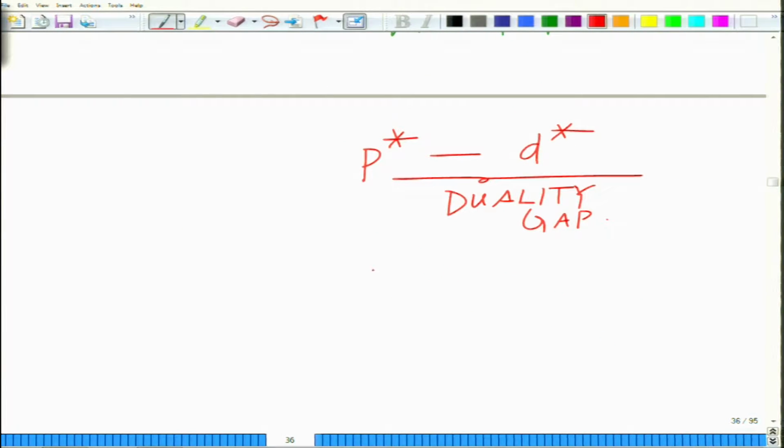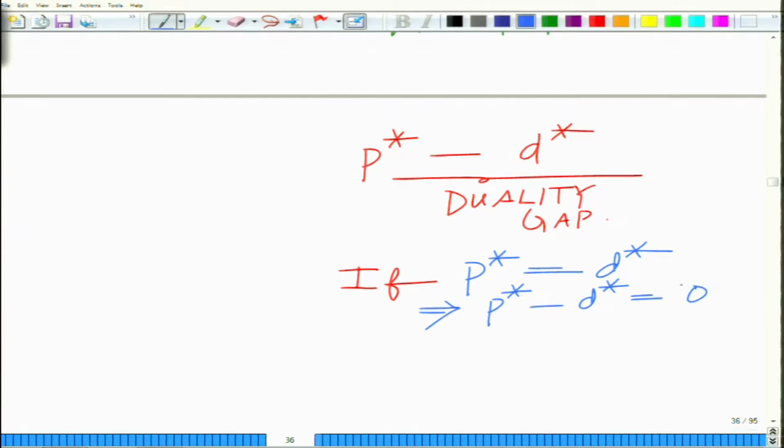Now, if p* equals d*, that implies p* minus d* equals 0, that implies duality gap equals 0.